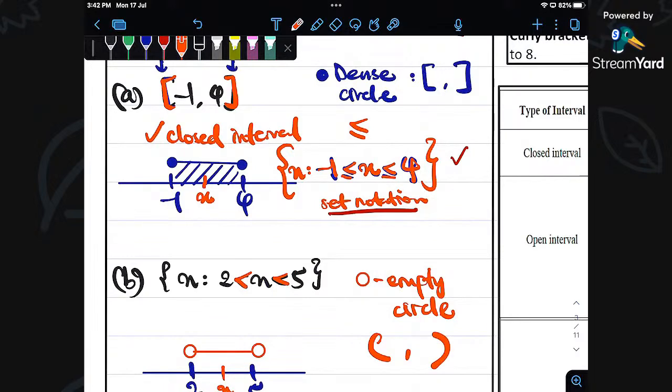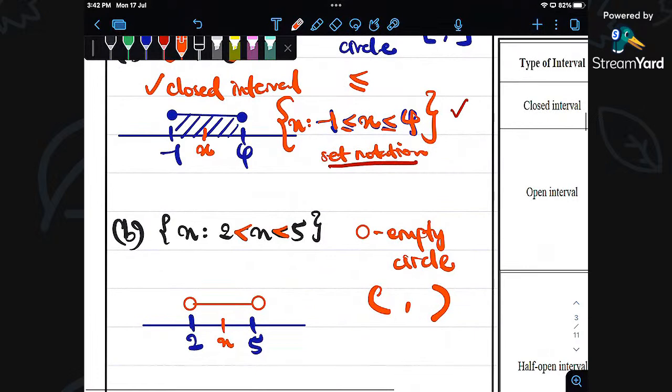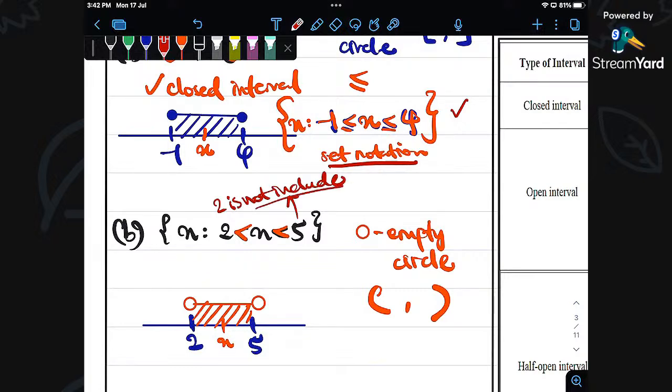Okay. So this is the number line. This is the region, of course. It is saying that the number 2 is not included, and 5 is also not included.